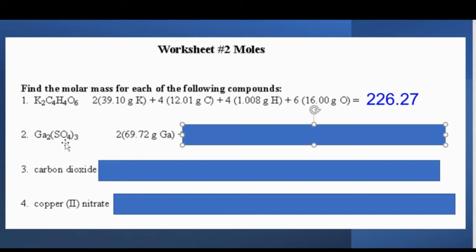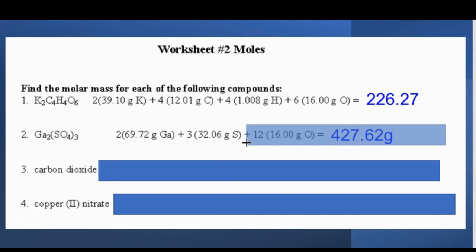The 3 multiplies everything in the parentheses by 3. So that's 3 sulfurs and 12 oxygens, right? Because there's 4 oxygens inside times 3 is 12. 1 sulfur inside times 3 is 3 sulfurs. And then we can add these all together and get the combined molar mass.